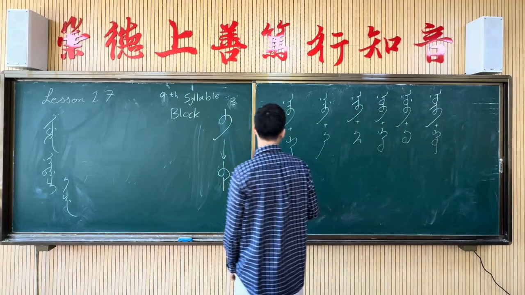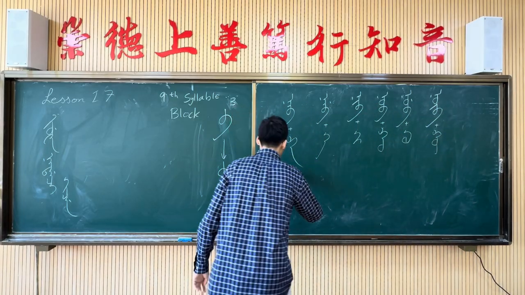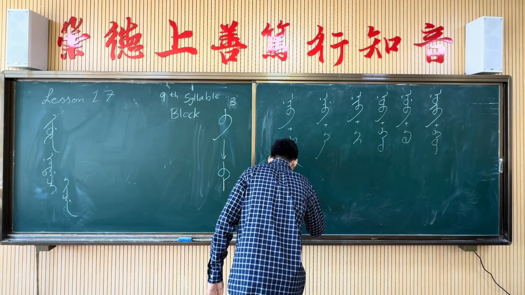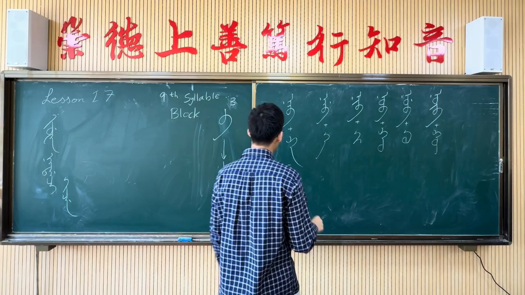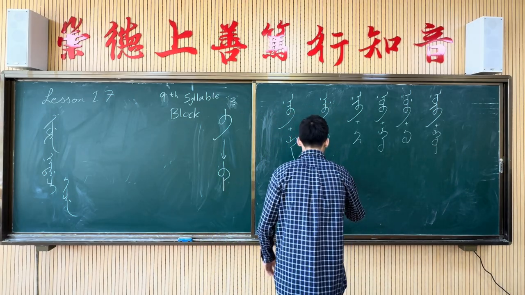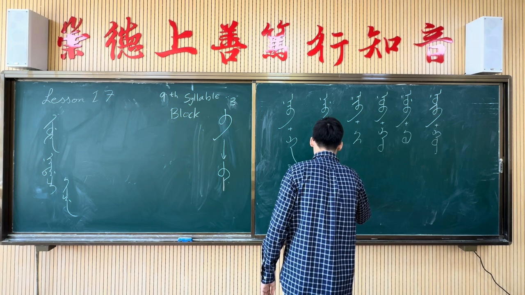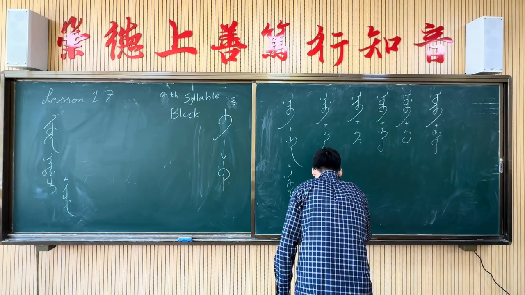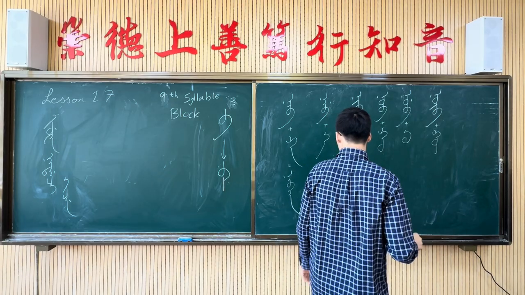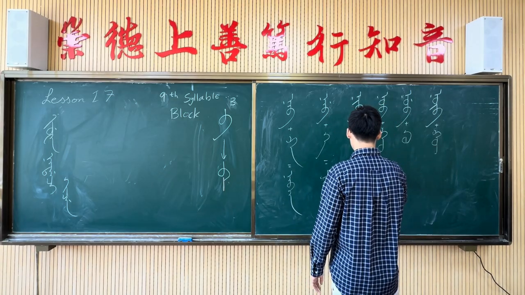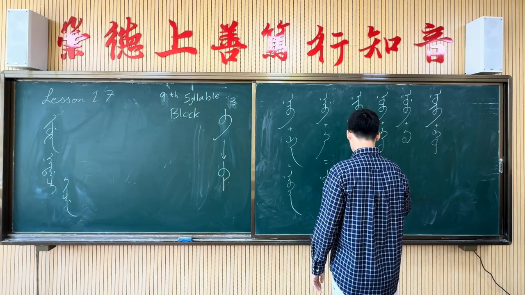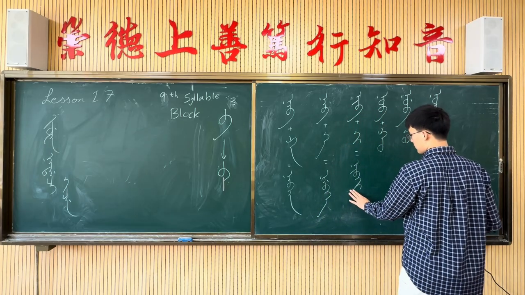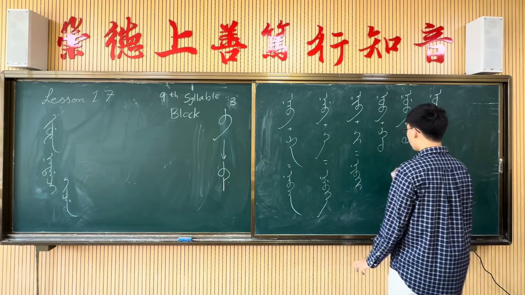So when you add nab with ka, it's going to be nab ka, right? This is how you write it. For nub, it's going to be nub ke. For nib, it will be nib ki. And then for nob, it will be nob ko.